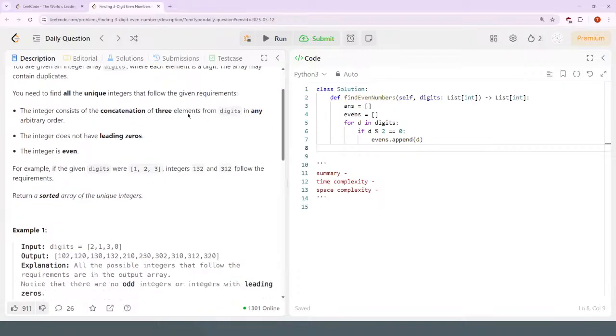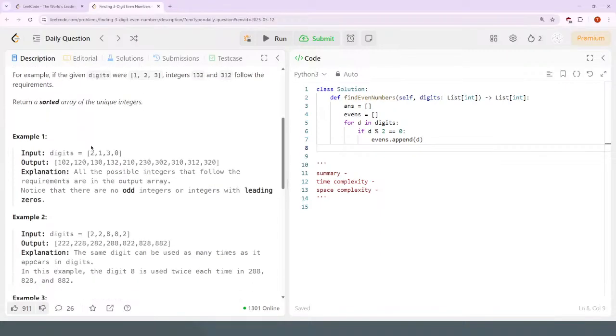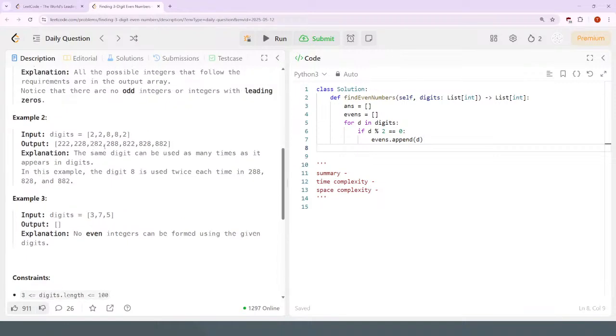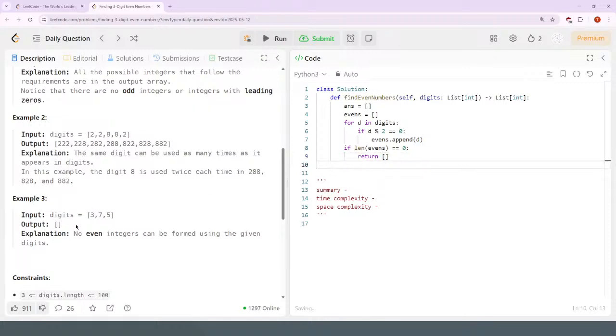Oh, the initial array may contain duplicates, but this is the unique integers. Well, I guess I can say here, if the number of evens is 0, then you can just return nothing. So that'll solve case 3 of all odds.